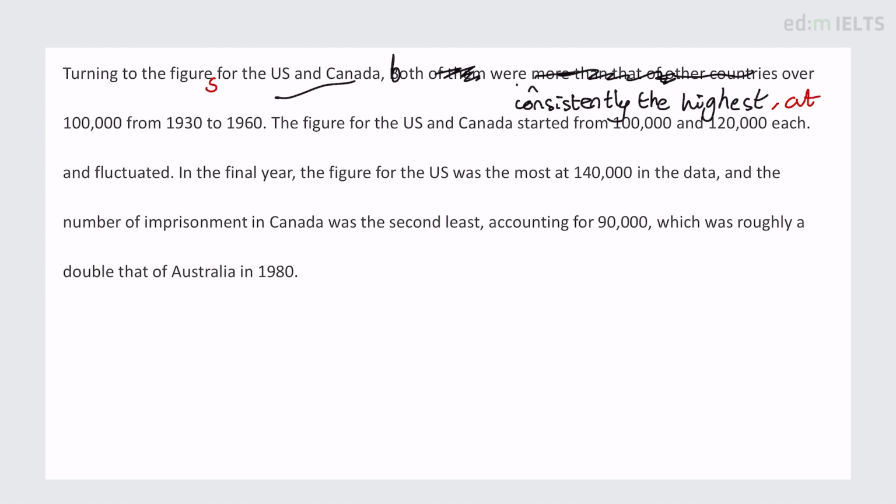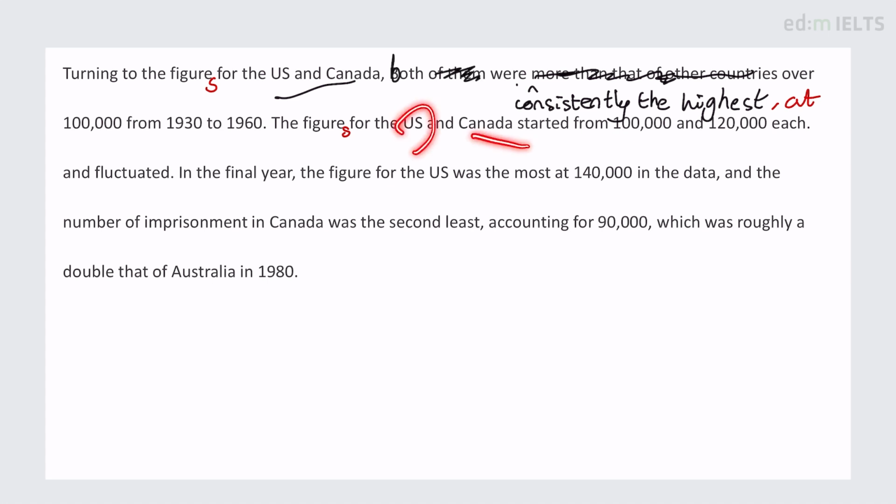At over 100,000 imprisonments in each of the 6 years shown in that period. The figures again, we don't want to be too repetitive. The figures for the US and Canada. USA is a bit more formal than US, but not a huge deal.